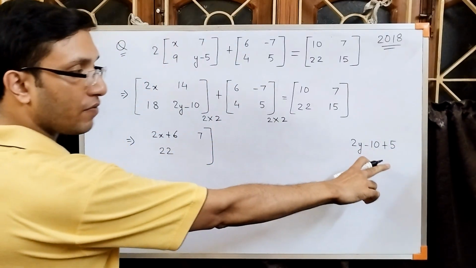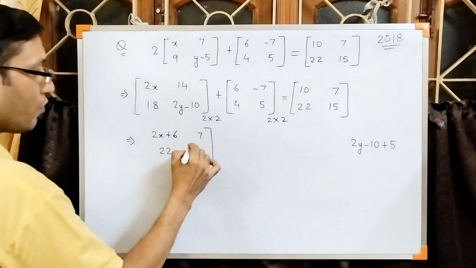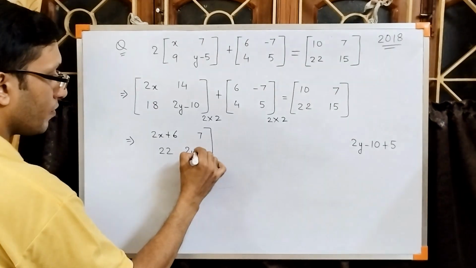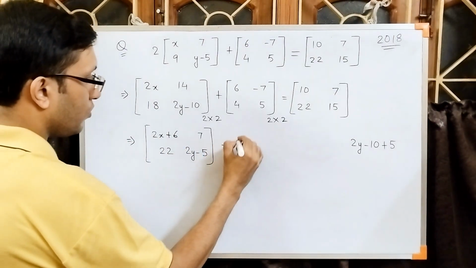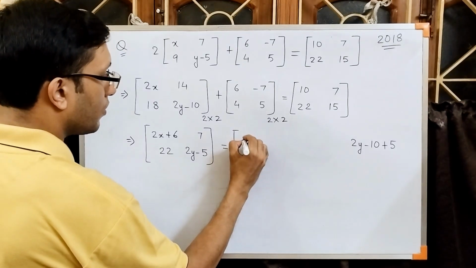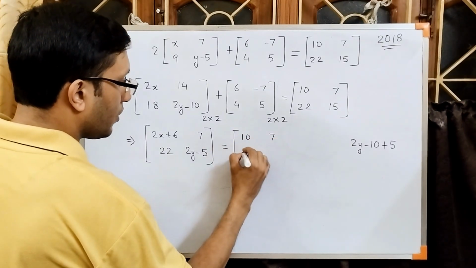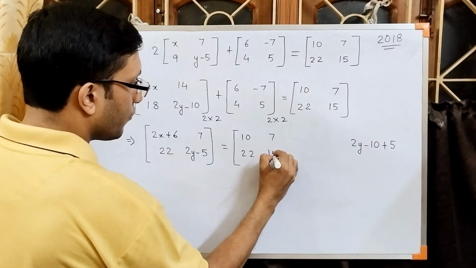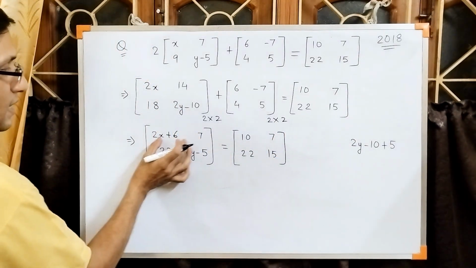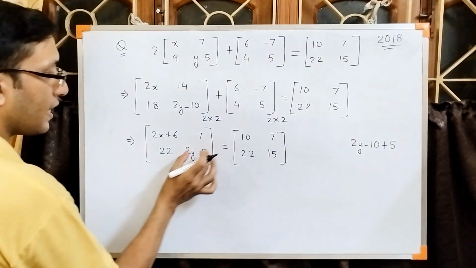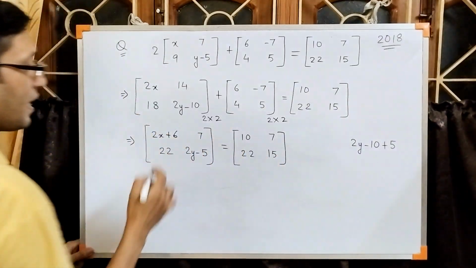So minus 10 plus 5 is minus 5. So ultimately over here we get 2y minus 5. That is equal to, on the right side we have 10, 7, 22 and 15. So this can be equated with this element and this element can be equated with this element.